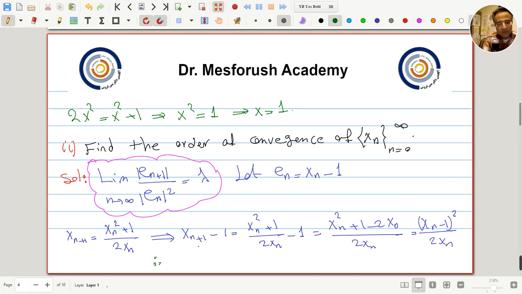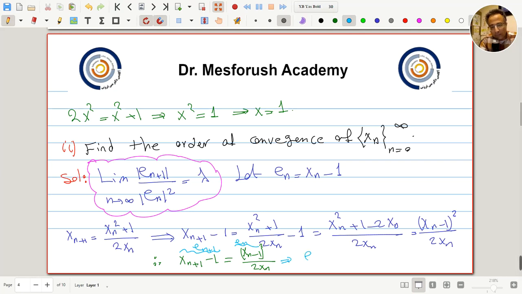So what we get is x_{n+1} minus 1 equal to (x_n minus 1) squared over 2x_n. Now consider the left side as e_{n+1} and x_n minus 1 as e_n.